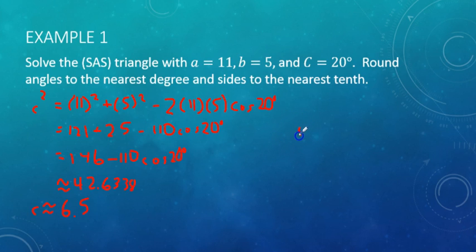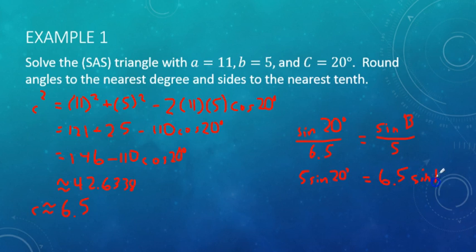So I'm going to set up sine of 20 degrees over side C, which we found is 6.5, and we'll set that equal to sine of b over 5 for the b side. We're going to cross multiply this, so 5 times sine of 20 equals 6.5 sine of b.